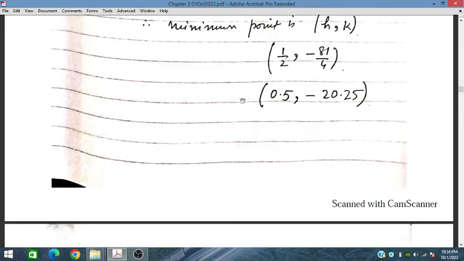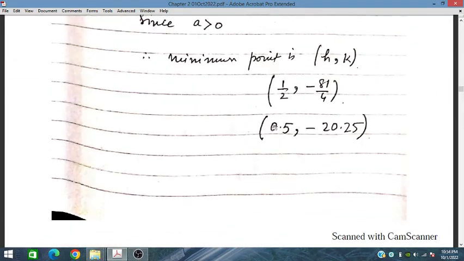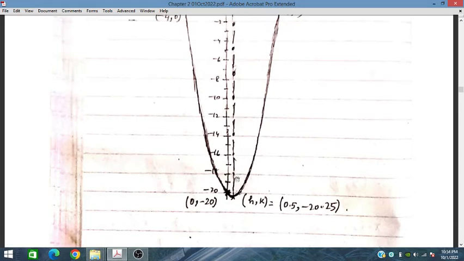We can draw it. This is −4 and this is 5. The midpoint is between −4 and 5, which is 0.5. So this is 0.5, and the minimum point is at y = −20.25.